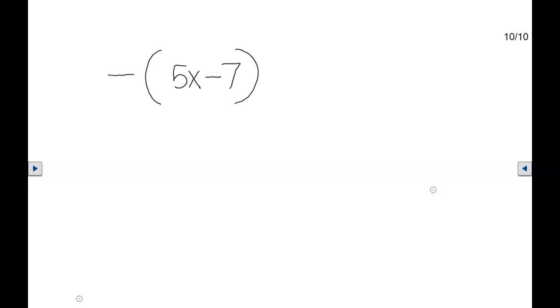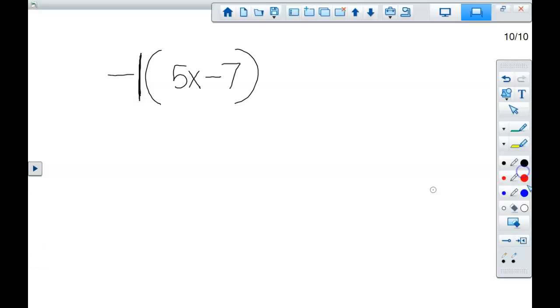What we need to understand here is that when I see no number in front of these parentheses, there's still that invisible 1 that's sitting there. So when I see this problem, I should recognize that I am trying to do negative 1 times this entire group. Now, my 1 is negative. My 5 is positive because there's nothing sitting right here in front of it. And my 7 is negative because there's this minus in front of it.